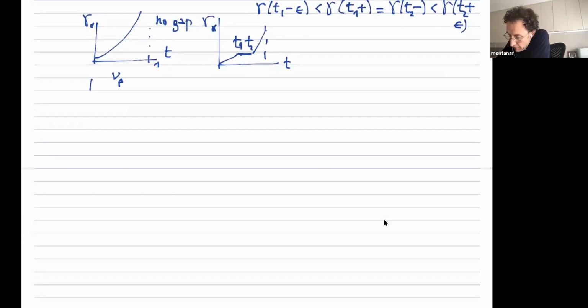Okay, so if we want to write this a little bit more precisely, we can think of the corresponding assumption at finite beta.